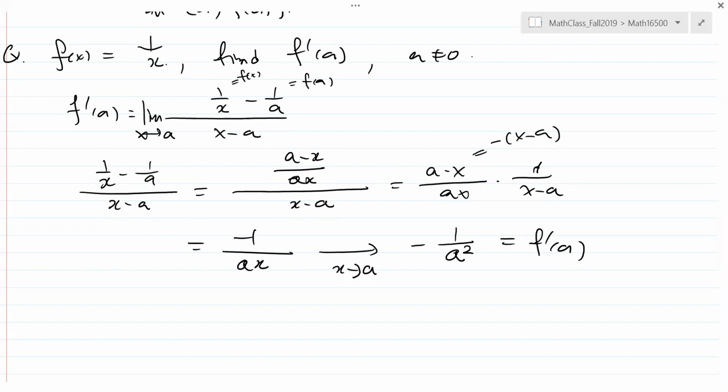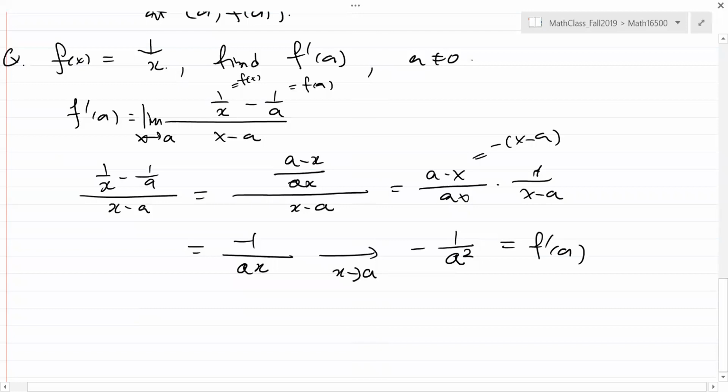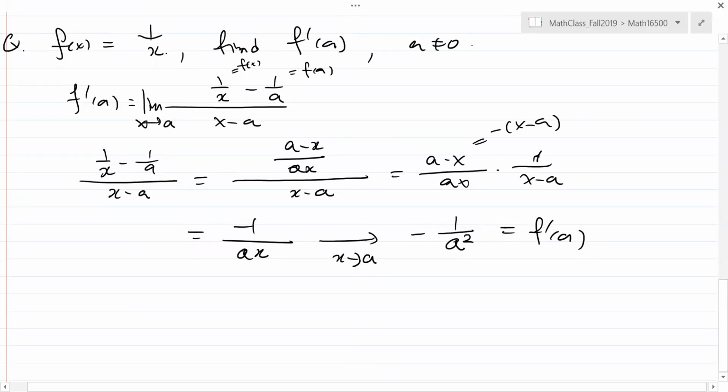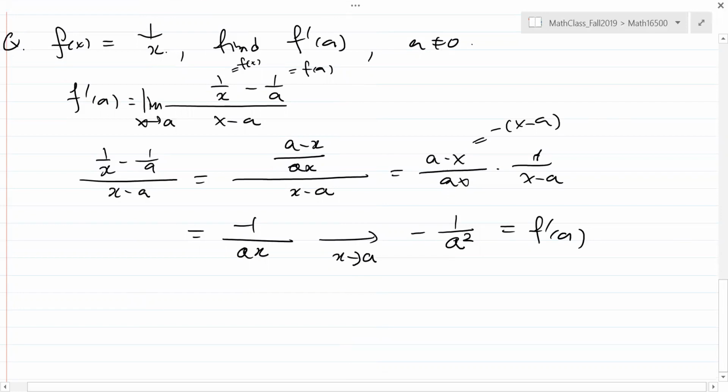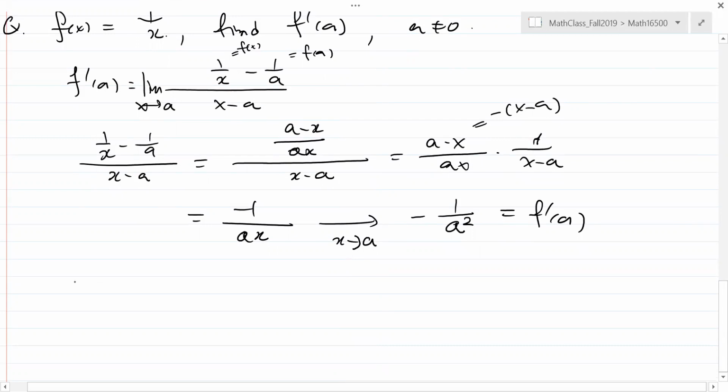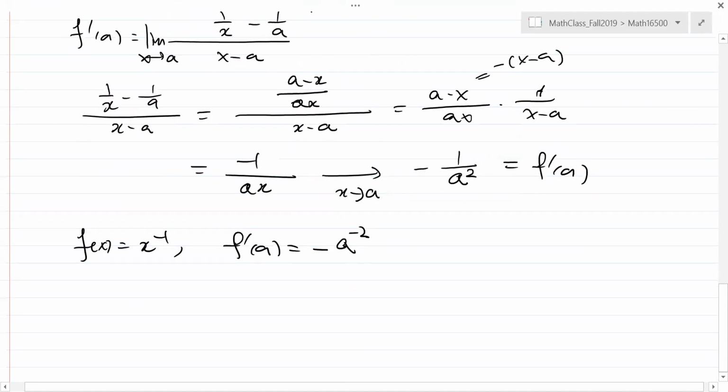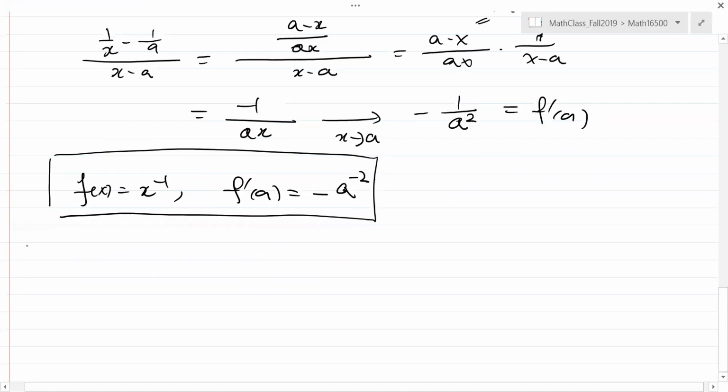In other words, if f of x equals 1 over x, you find the derivative of the function. I'm going to change the variable. Think about this: f of x equals x to the negative 1. Then you get this. Good, so we keep this. Then you look at the next problem.